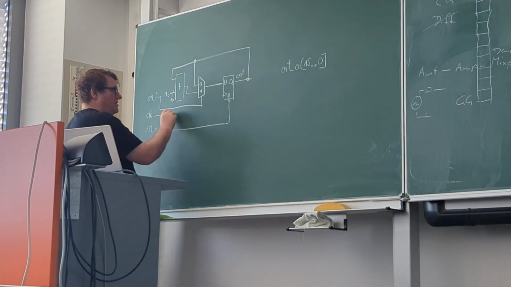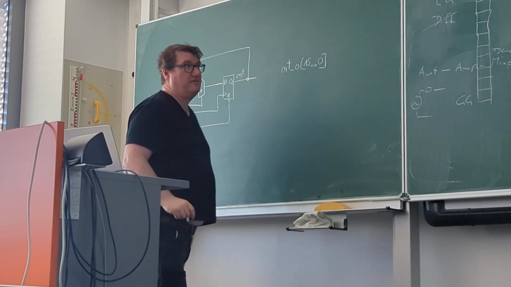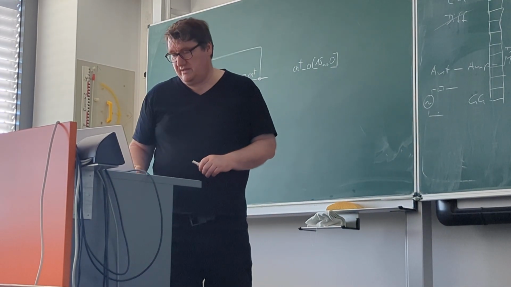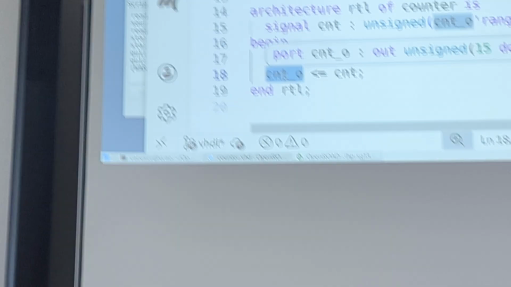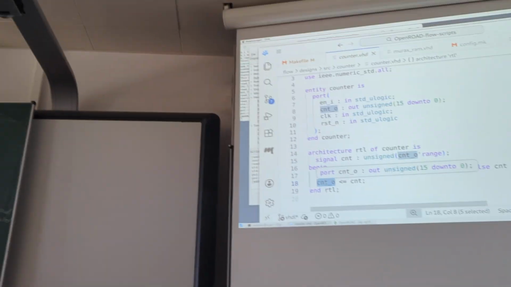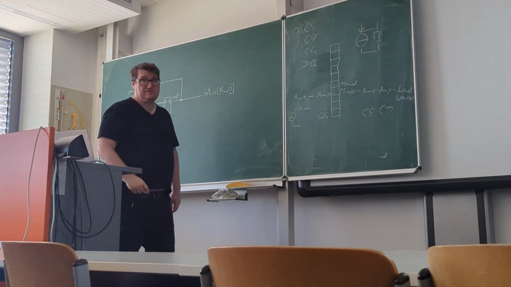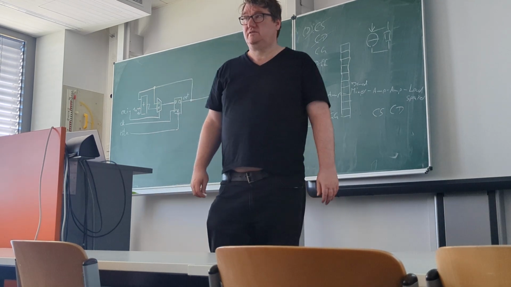Now we have the clock attached to the register, and the last line connects the counter output to my input count signal. So that's the last line of code. So this is our block diagram of the counter.